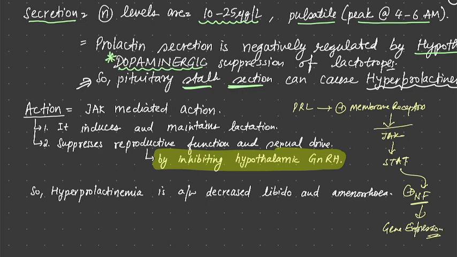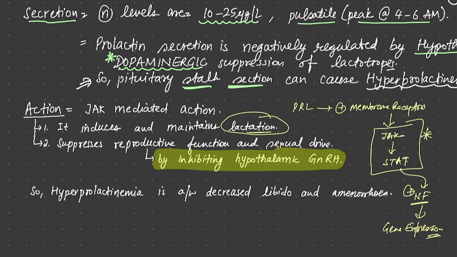So the action is JAK-STAT mediated. There are many other intermediate molecules in other pathways, but in this pathway it is JAK-STAT which is involved, right? It induces and maintains lactation. This is the action of prolactin. Lactation is its main action, right?